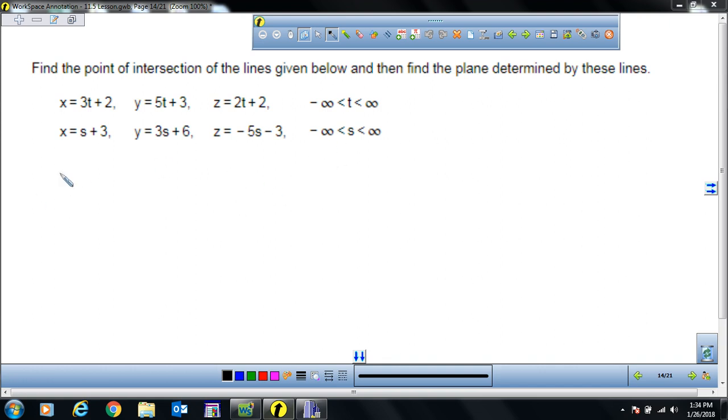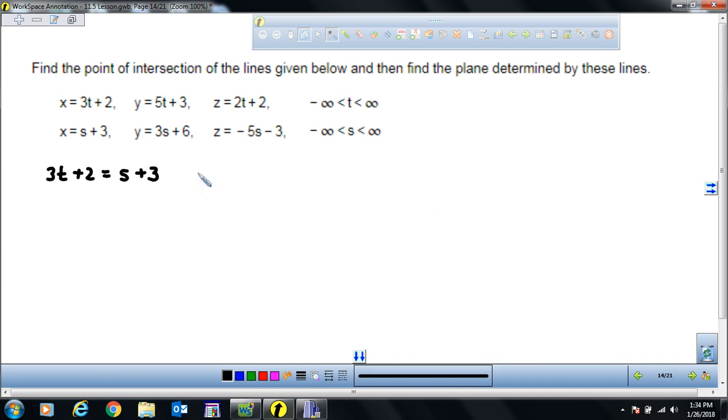So, to get the system of equations, what do we need to do? We need to say, okay, if we want to find the point of intersection, then we want to find the point for which these two x values are the same, these two y values are the same, and those two z values are the same for these parametric equations. So we want to find where 3t plus 2 equals s plus 3.